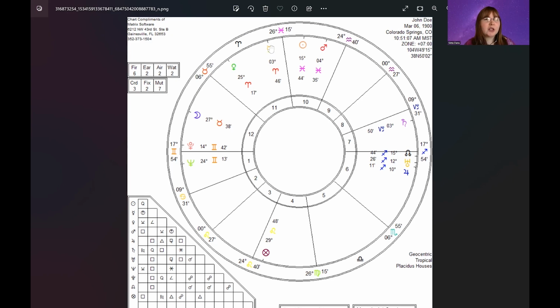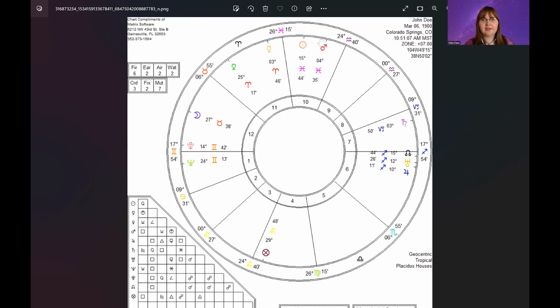For instance, here's Mercury, the symbol of Mercury in the sign of Aries, 3 degrees, 46 minutes. And Venus is also in the sign of Aries. So this is the planet Venus, sign of Aries, 25 degrees, 17 minutes. Both Mercury and Venus are in the 11th house.